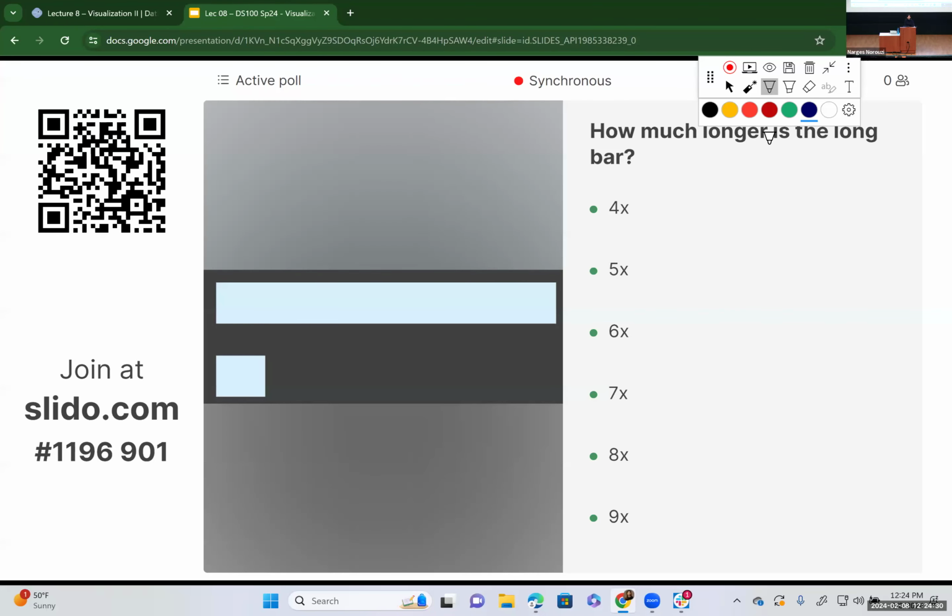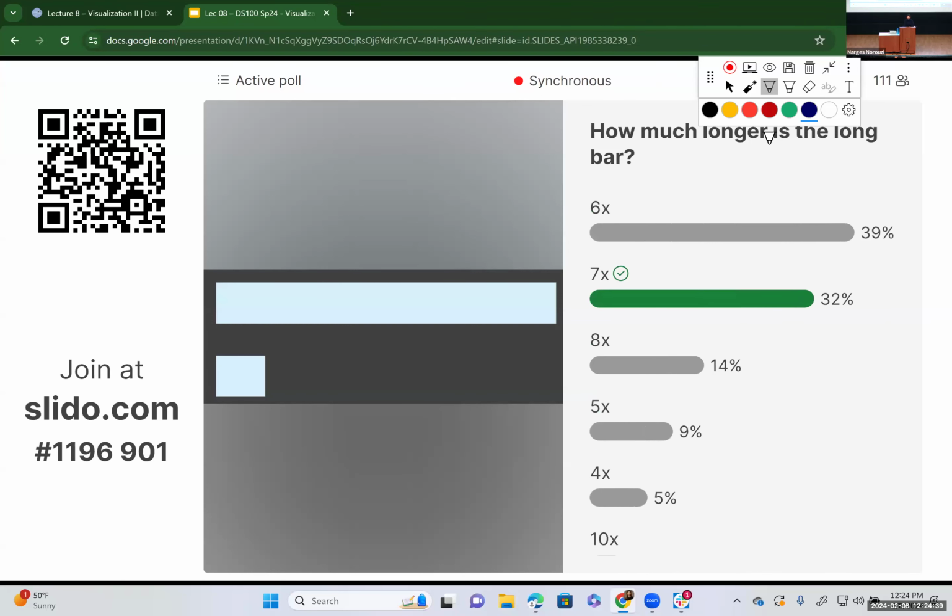Okay, what do you say? 4 times larger, 5, 6. Let's see. It's 7 times larger, but the majority were close. 6 or 7 is a reasonable answer.